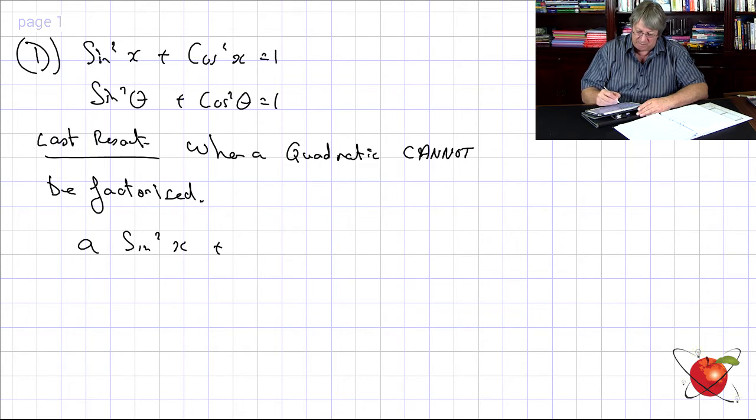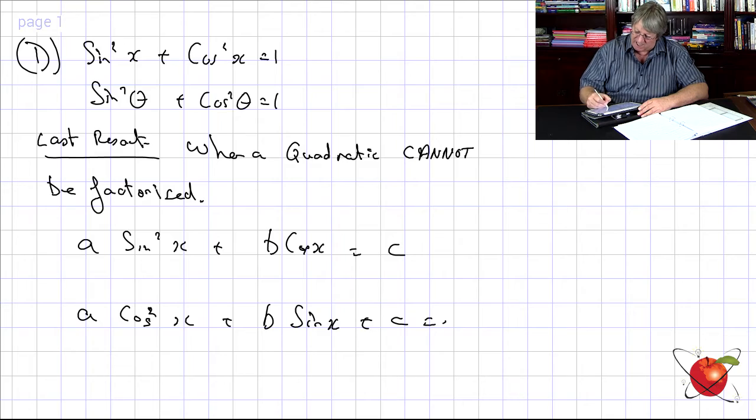a sine squared x plus b cos x equals c, or a cos squared x plus b sine x plus c equals 0. Can you see that it's the form of a quadratic?